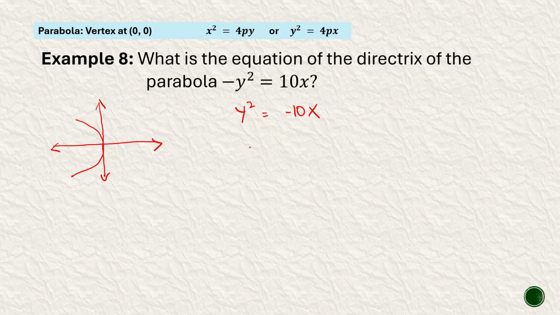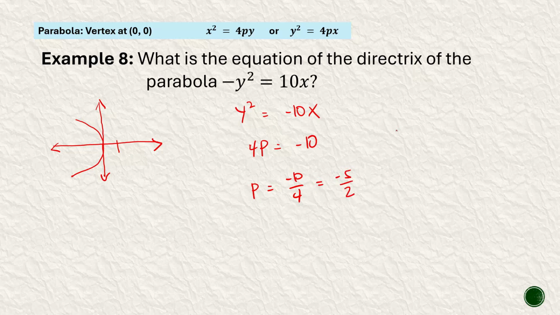So here, let's solve for p. By the way, the directrix is somewhere here, which means that's a positive value of x. X equals something. So let's see. Solve for p. 4p equals negative 10. So p equals negative 10 over 4, which is the same as negative 5 over 2. That's our p.